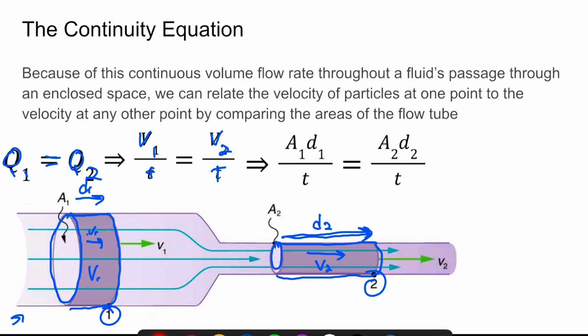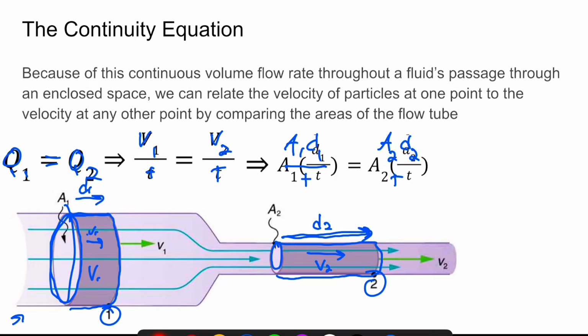And we can break down our volume into the cross-sectional area of the tube at point 1 times the distance that that volume of fluid moves through, per unit time, and that's going to be equal to our area at point 2 times the distance at point 2, per unit time.